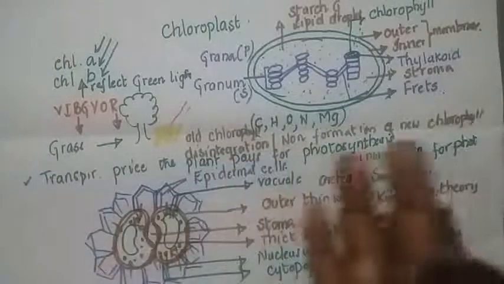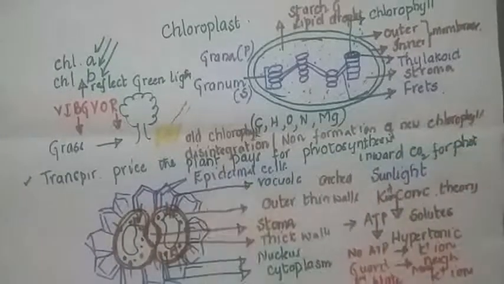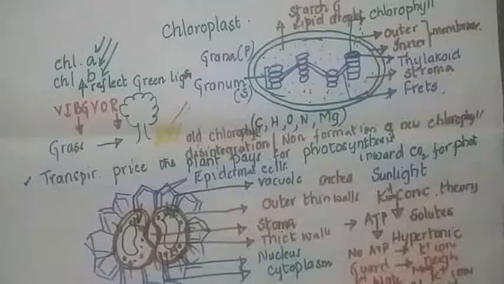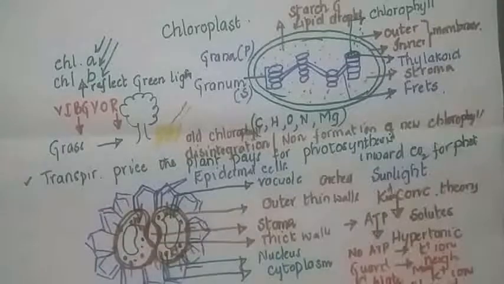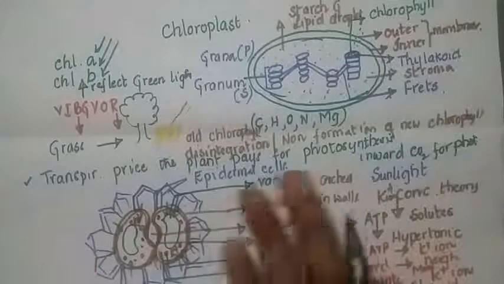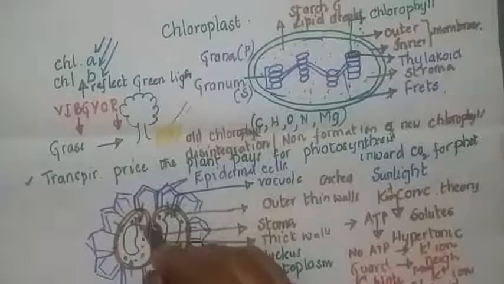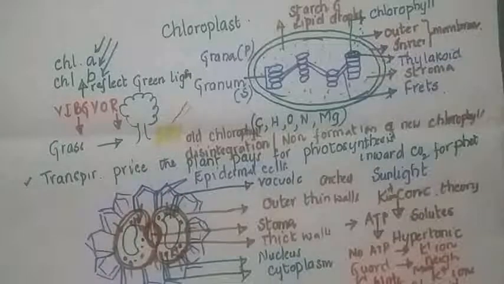When they lose water to the epidermal cells, automatically we know that the guard cells become flaccid. The vacuole shrinks. There is a loss of water, and the inner thicker walls now become straightened, thereby closing the stoma at night.